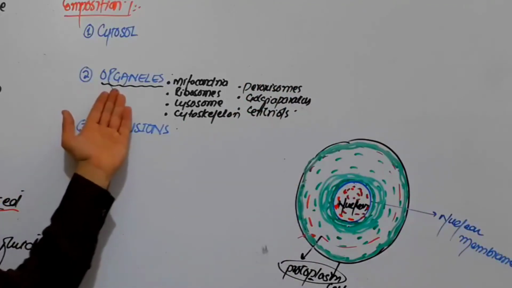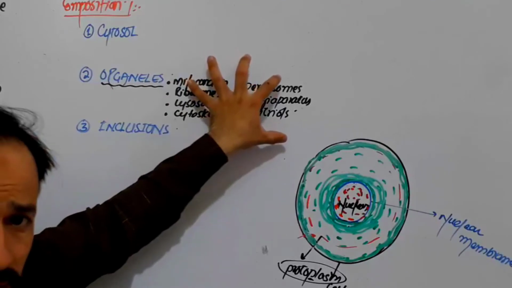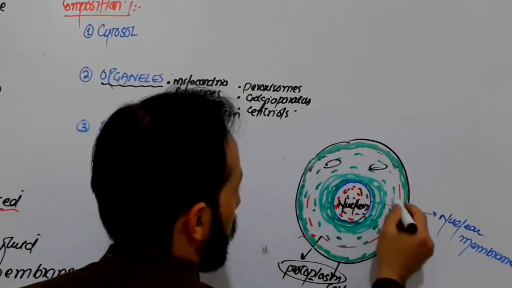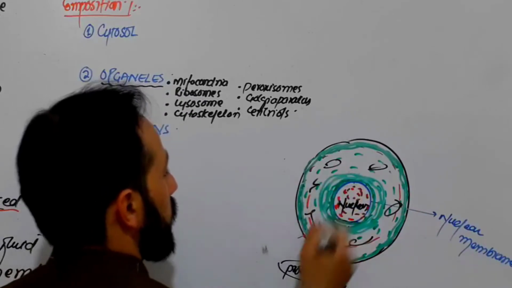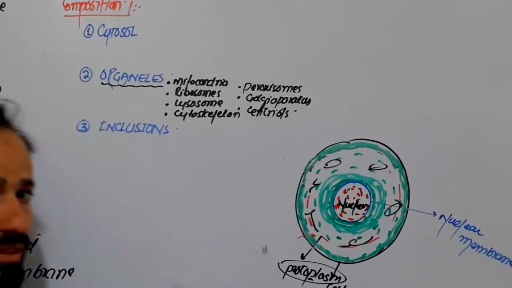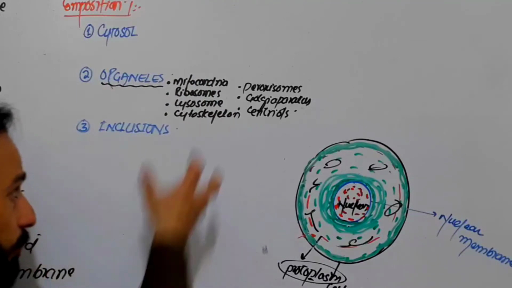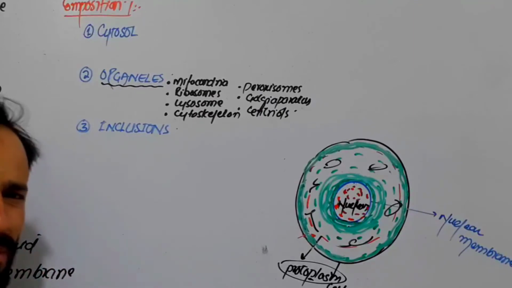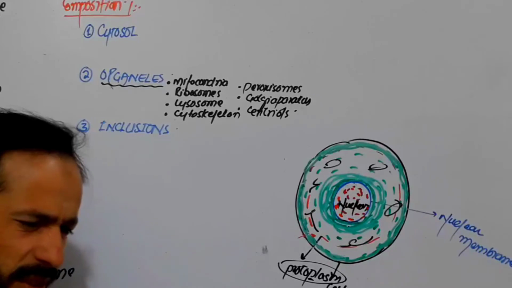We call them organelles, and all these organelles are present inside the cytoplasm. So we say these are also components of the cytoplasm, right? If we withdraw these components out of the cell, there will be nothing left. The cell will not function properly, and the cell will die.